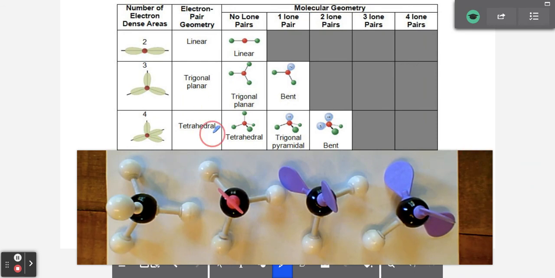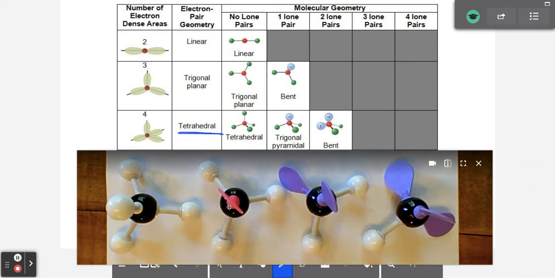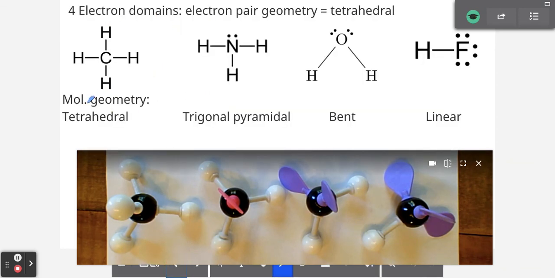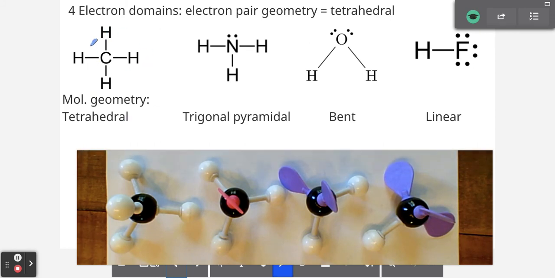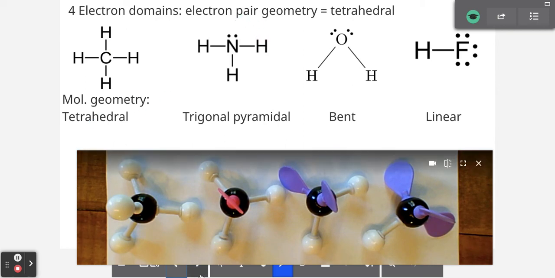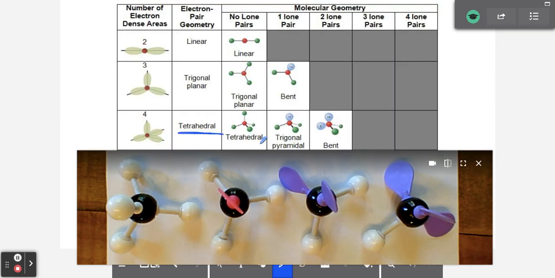Always the electron pair geometry is tetrahedral. Tetrahedral, tetrahedral, tetrahedral, and tetrahedral. But if we're talking about molecular geometry, that's when we can get some differentiation. The CH4 has no lone pairs around that carbon, so its molecular geometry is the same as the electron pair geometry. It is tetrahedral, as we see here.